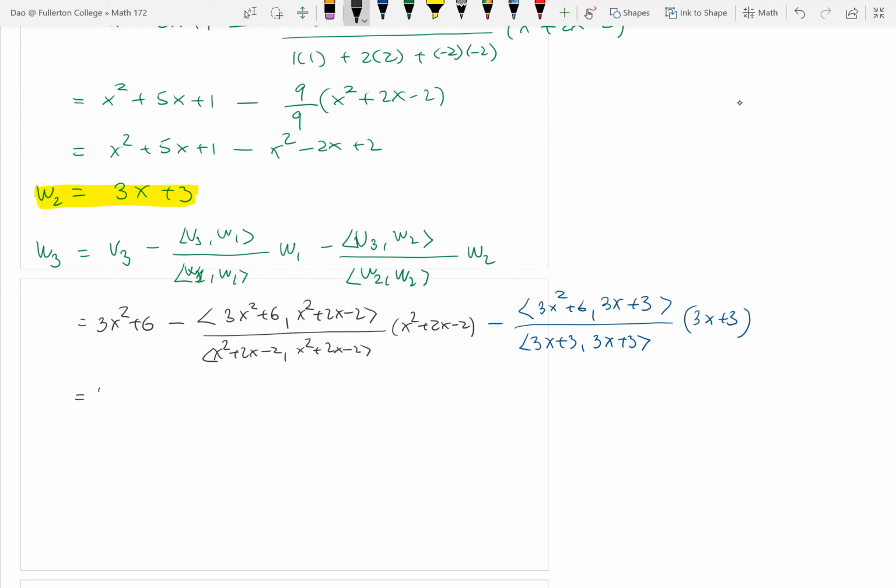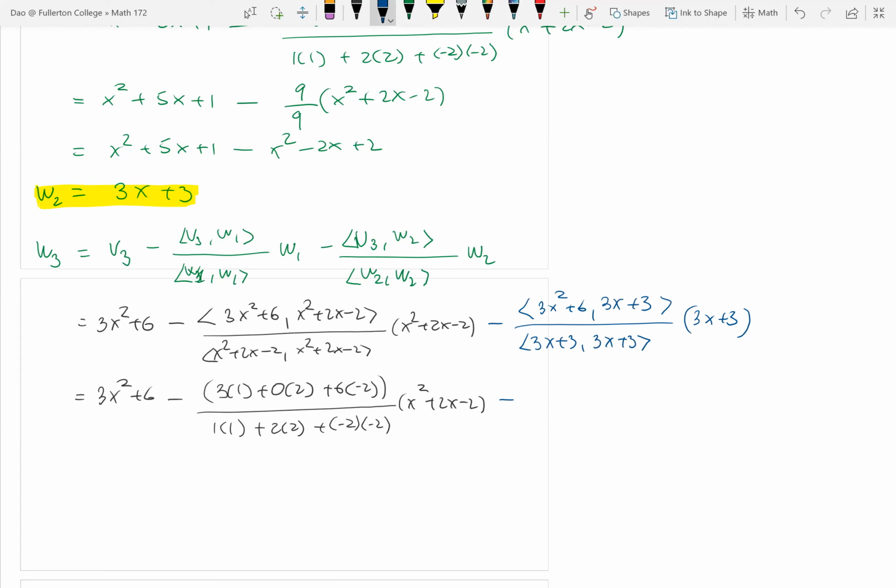So we get 3x squared plus 6 minus 3 times 1 plus 0 times 2 plus 6 times negative 2, divided by 1 times 1 plus 2 times 2 plus negative 2 times negative 2, times x squared plus 2x minus 2, and then minus 3 times 0 plus 3 times 0 plus 6 times 3, divided by 3 times 3 plus 3 times 3, times 3x plus 3.